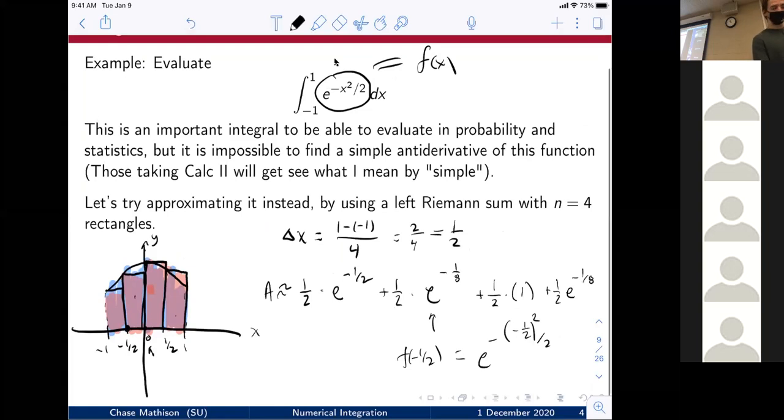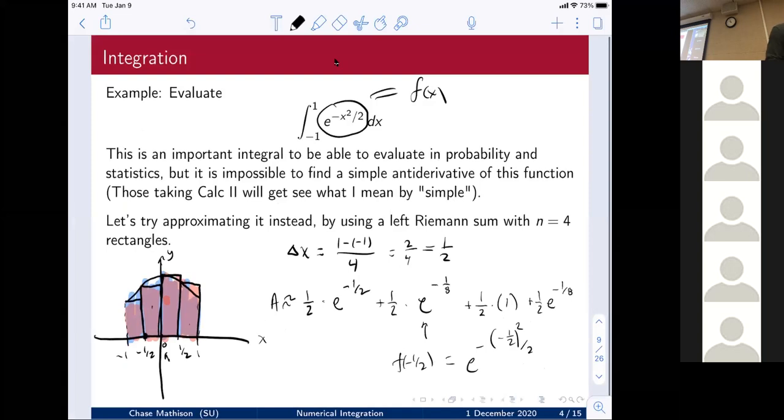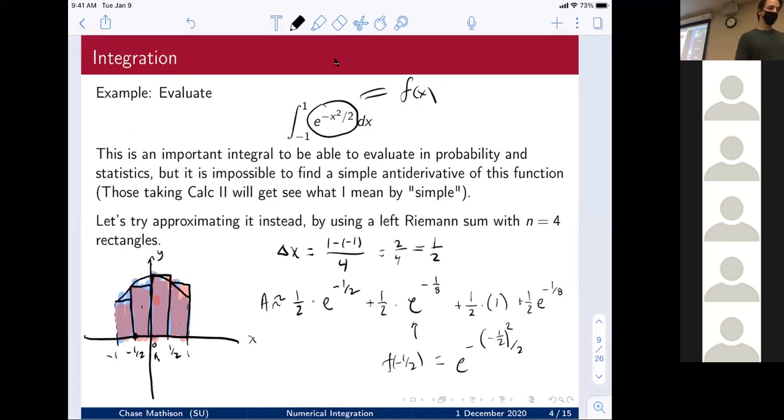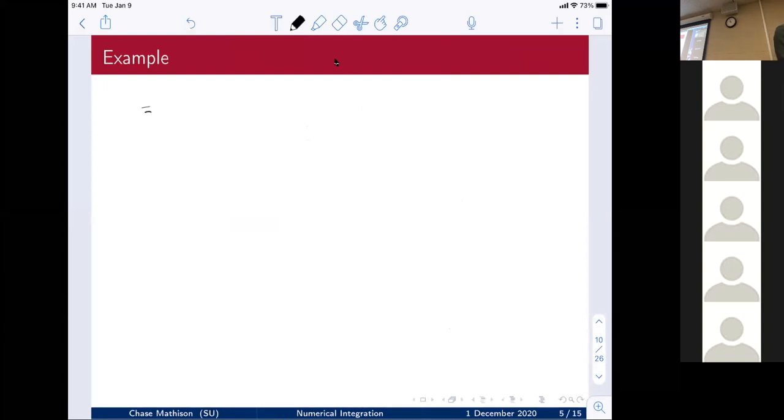So then if I write that out, all of these terms have a 1/2 in common. So I'm going to say this is equal to 1/2 times e to the minus 1/2 plus 2 times e to the minus 1/8 plus 1.